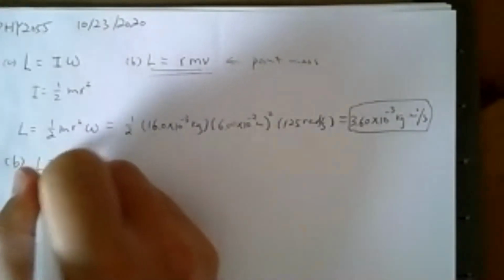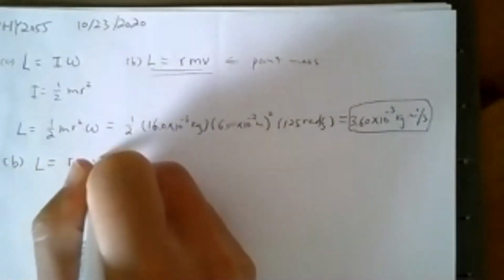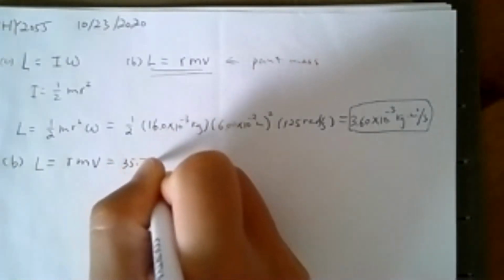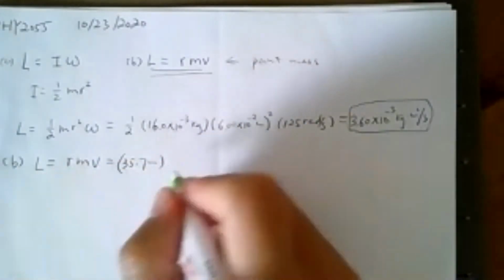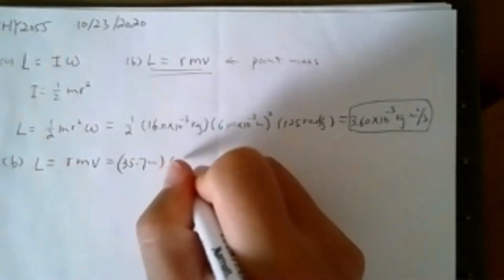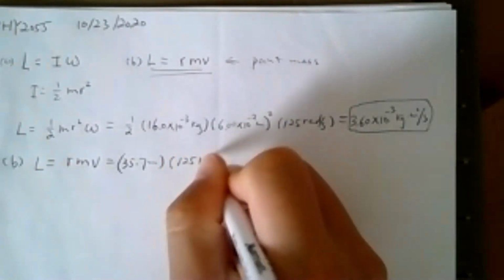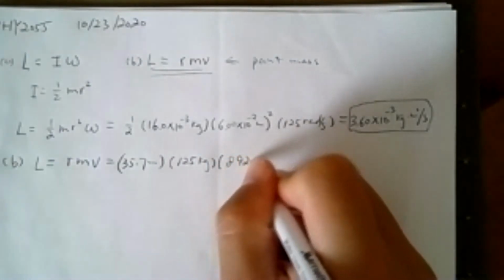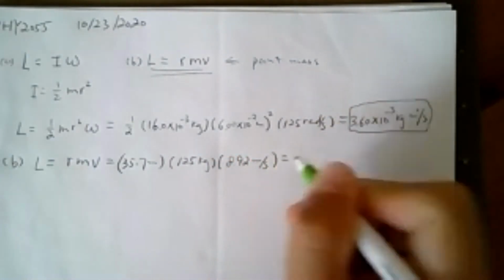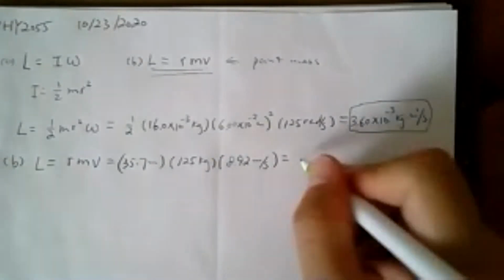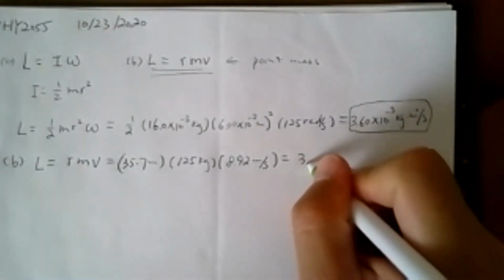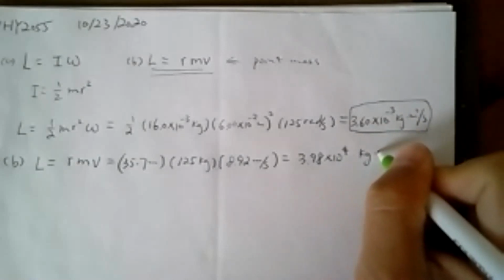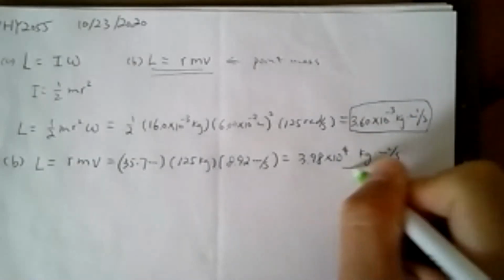So L is equal to R times M times V: 35.7, that's the radius of the track, times the mass, 125 kilograms, times the 8.92 meters per second. That will give you 3.98 times 10 to the fourth kilogram meters squared over second.